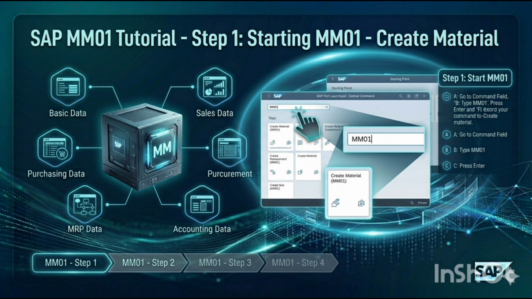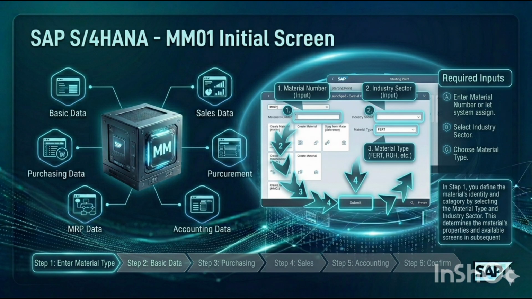On the initial creation screen, we need to fill three key fields. First is the material number. You can leave it blank if your company uses internal number ranges. Second and most important is the material type. This controls the number range and which views are available.